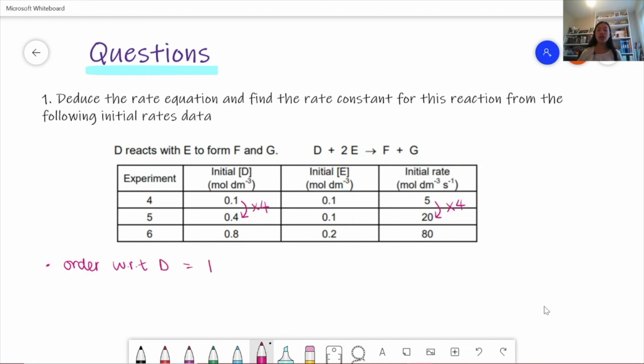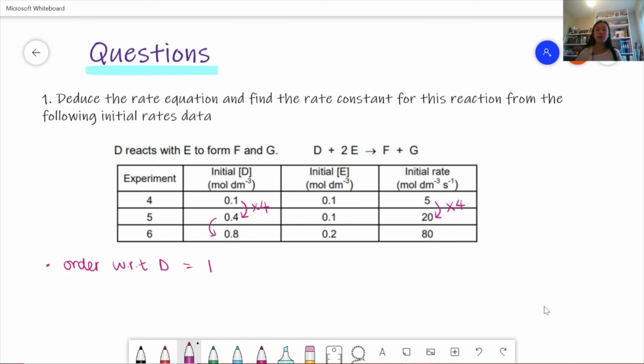And now we look at E. There's no two experiments where the concentration of D is the same, so again we're going to just have to pick something that looks a bit easier. I'm going to go with experiments 5 and 6.